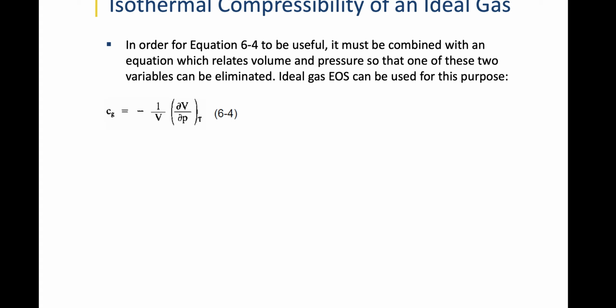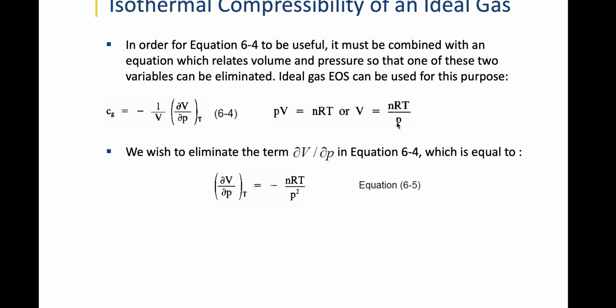So if I use the ideal gas equation of state, that's simply PV equals nRT, or volume becomes nRT over P. In this equation, I know the moles of the gas are not going to change, the R is not going to change. The experiment is done at a constant temperature, so the temperature is constant. So V is basically equal to a constant over pressure.